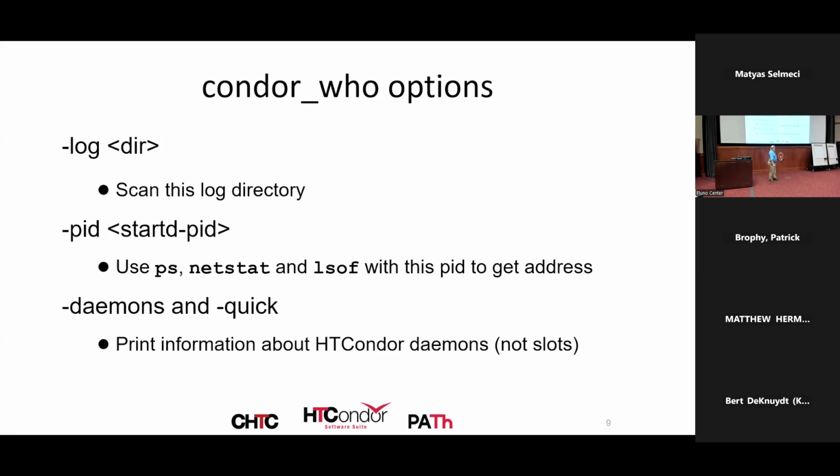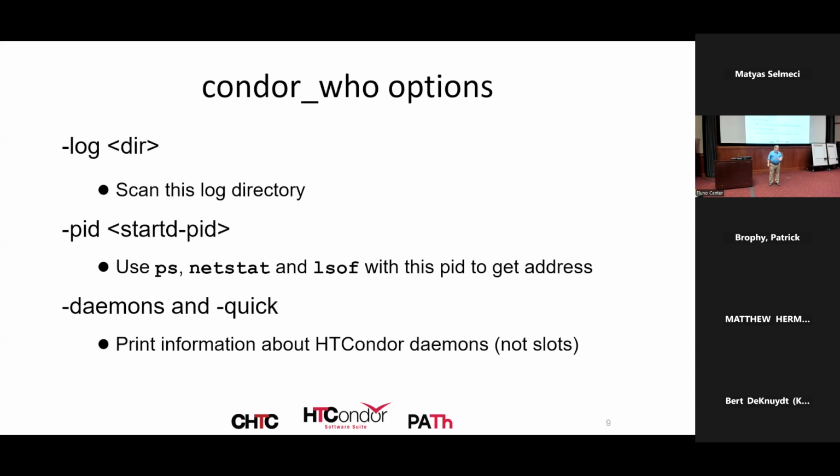And these other two are sort of things that fell out of this project. Because Condor Who scans the log directory and gathers a bunch of information, and particularly it doesn't just get the address of the startd, it gets the address of all the daemons and the process IDs of all the daemons, and it knows whether or not the daemon at least believes it's alive because the log file says so. Condor Who -daemons will just print that out. So instead of trying to talk to the startd, it'll just tell you what it discovered about the Condor installation.